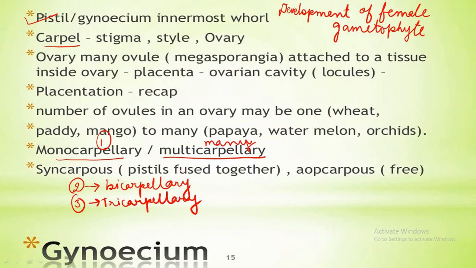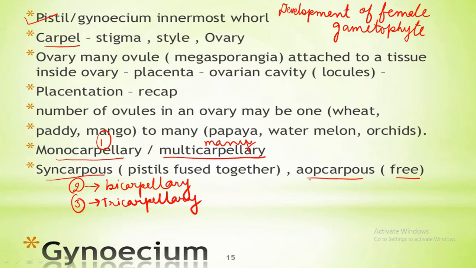Now, pistils may be fused. If many pistils are there and the pistils are fused, then it is called syncarpous. And if the pistils are not fused together, that means they remain free, then it is known as apocarpous.